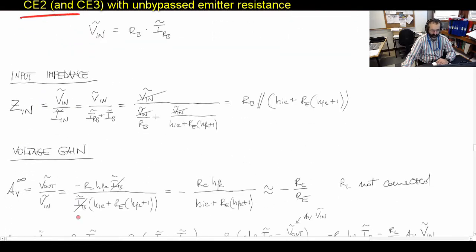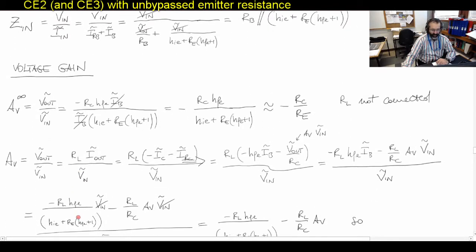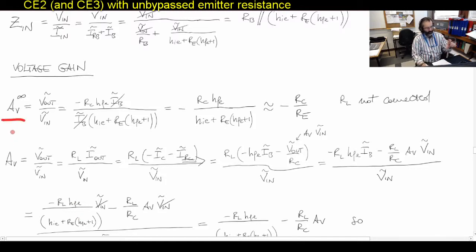So if you use all this, you can realize, as we did today, we can calculate AV infinite when RL is not connected to the circuit, and you end up, this is the correct result, using the fact that effectively HFE is large, so this term will effectively dominate over this, we end up with this result. And this is very interesting.